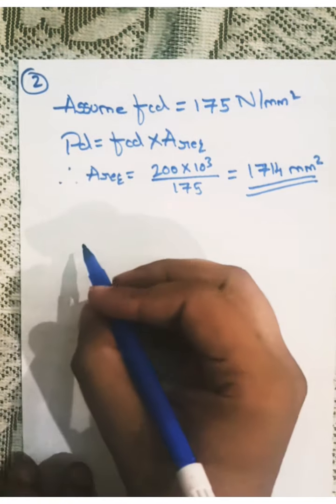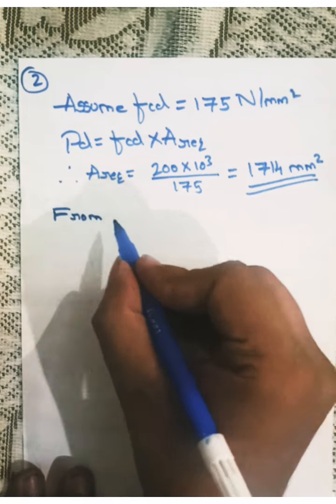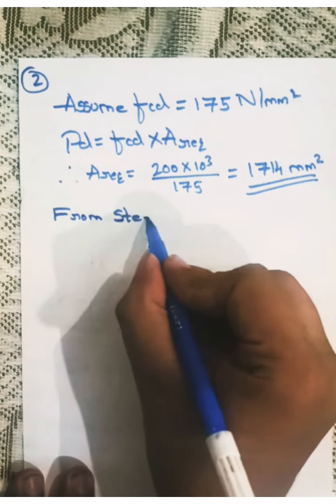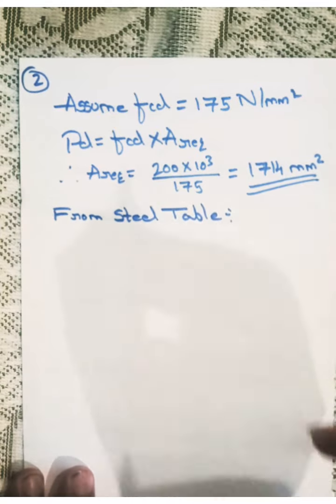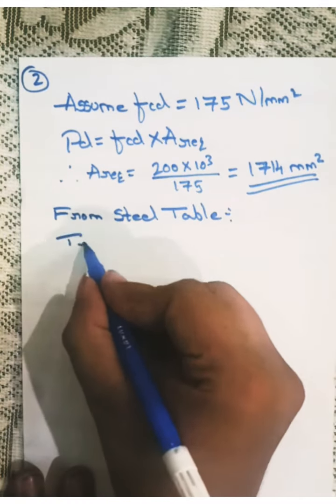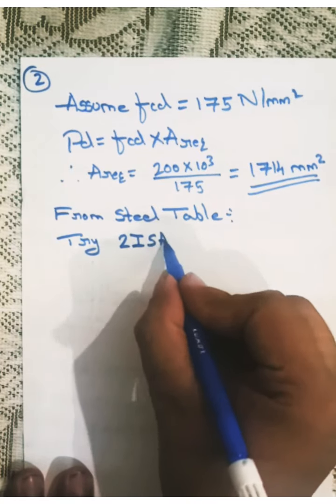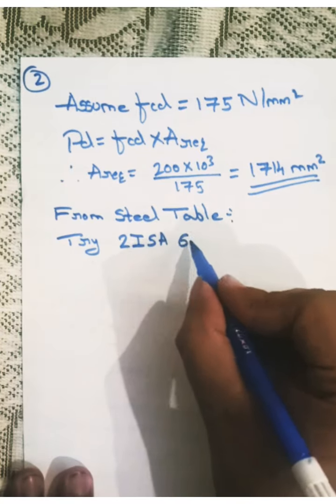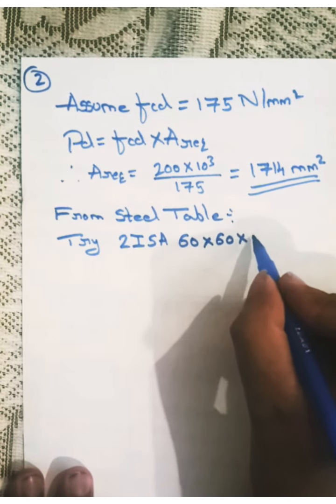So now from the steel table, I will look into the double angle page and I will try 2 ISA 60 by 60 by 10.